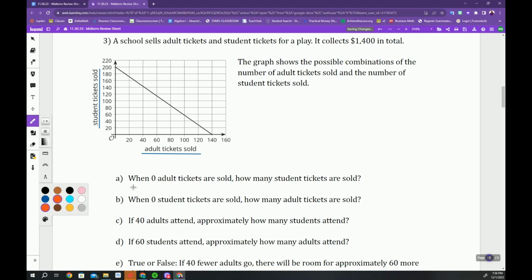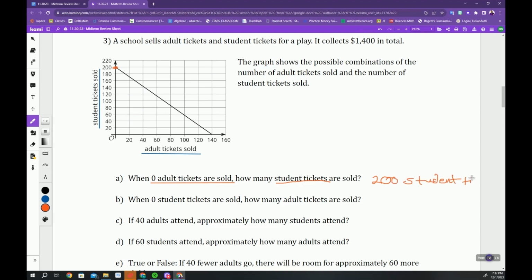So we're going to go to the adult tickets on the x-axis. We're going to go to 0. And now we're going to go up until we find how many student tickets are sold. When does it hit that line? Right above here. So when 0 adult tickets are sold, 200 student tickets are sold.